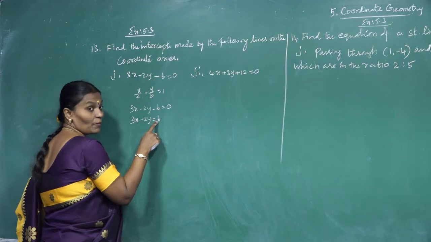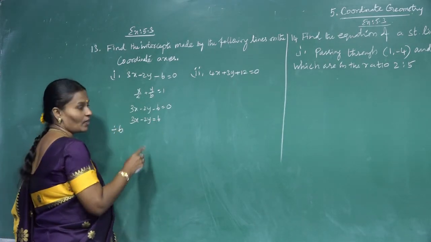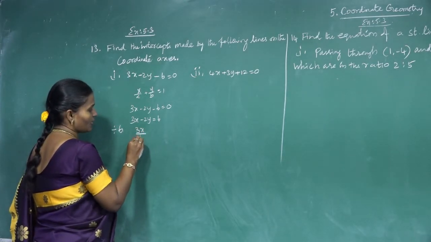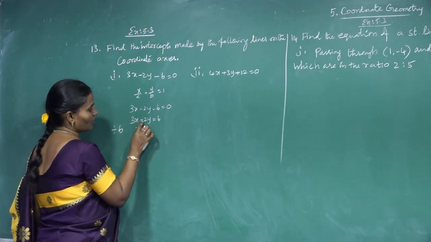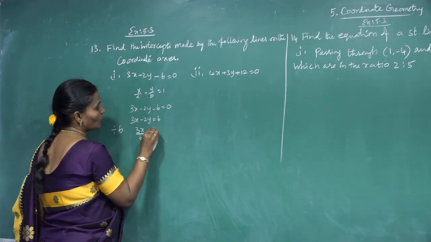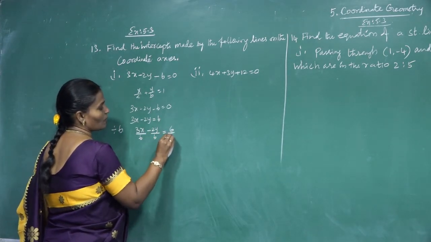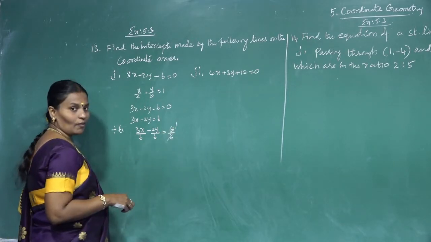So you have to divide by 6 on both sides. So 3x by 6 minus 2y by 6 is equal to 6 by 6. Now 6 cancels, so there is 1.